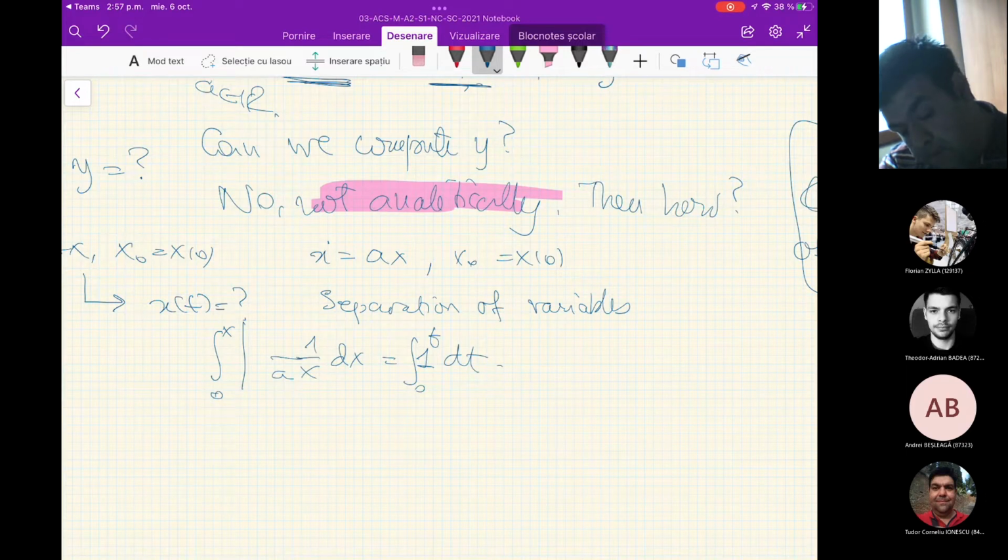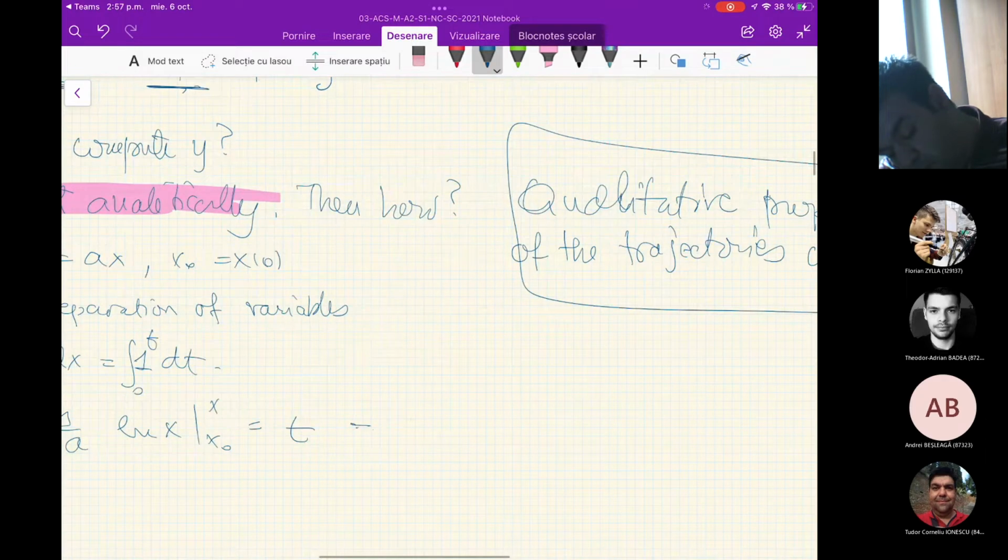So you have something like 1 over a ln x, from x0 to any x in time, is t. So essentially you have ln x minus ln x0 is at.